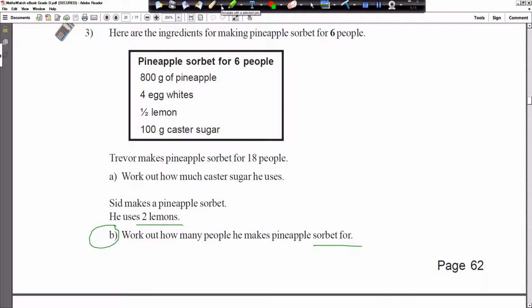Right, what I want to do here is replace the 2 with an 8. Cross it out and put the number in front. There you go, that's my own question. Sid makes a pineapple sorbet. He uses 8 lemons. Work out how many people he has made pineapple sorbet for. So first of all, we know that he uses half a lemon to make sorbet for how many people? 6 people, in the question.